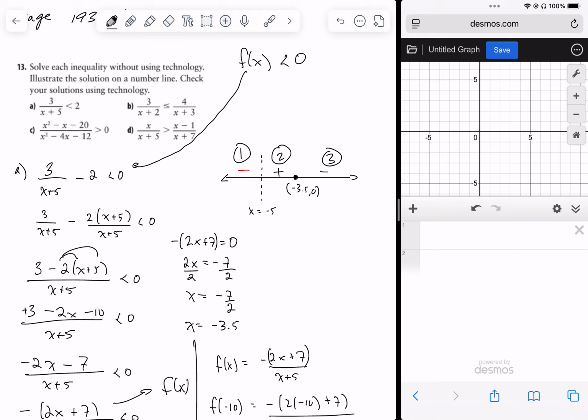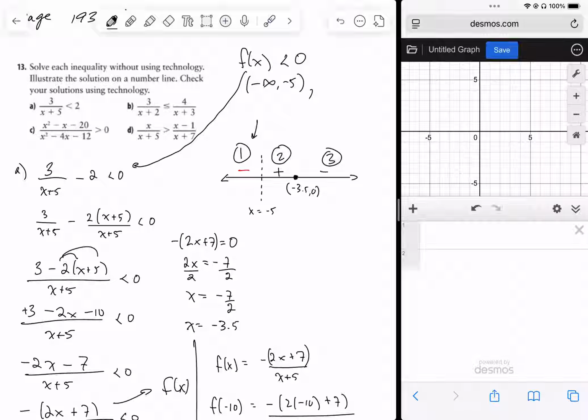Well, you can tell me the function's going to be less than 0 on this interval, -infinity, can't encompass -infinity, all the way up to our vertical asymptote of -5. And then it's also going to be negative on the interval of, and because it's not less than or equal to, I'm not going to use a square bracket.